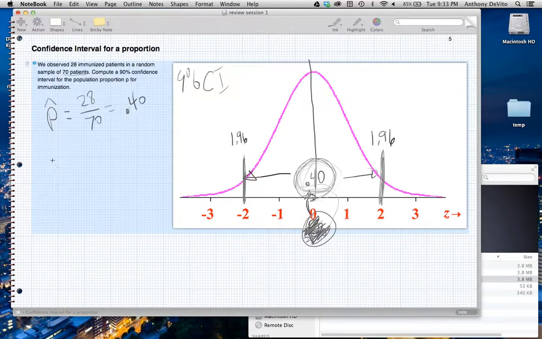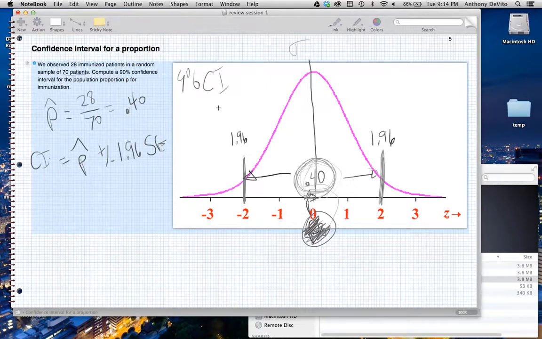And just like before, I can use a formula, right? My confidence interval is equal to P cap plus or minus 1.96 times the standard error, the distribution of all the sample proportions if I had repeatedly sampled 70 people. Well, what do I need to know my standard error? Before, I needed to know sigma.